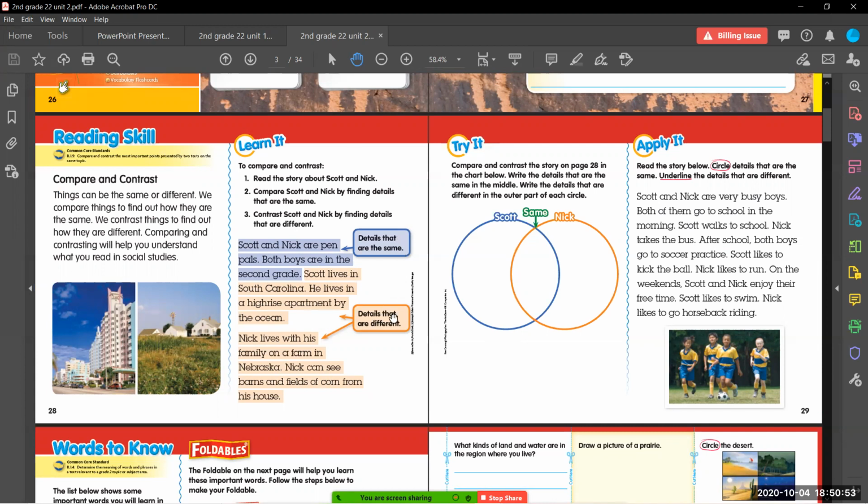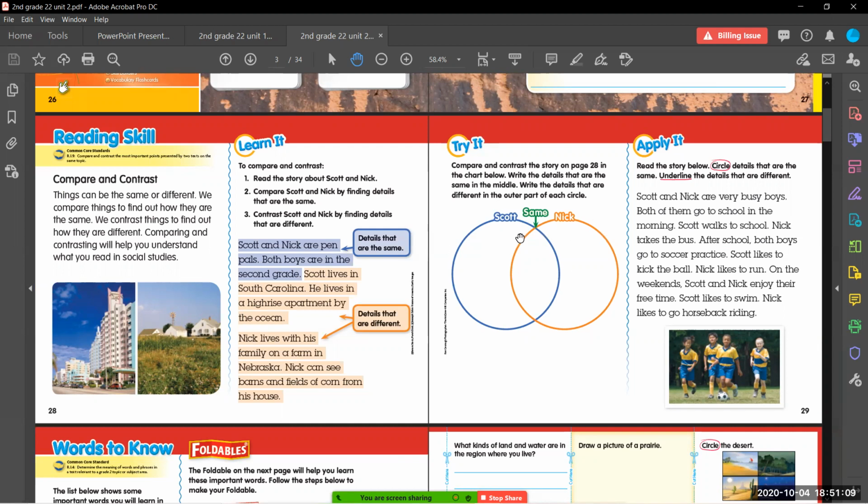Now you can see already over here, they highlighted for you in this blue-purple color, things that are the same. So what we would talk about when we are comparing them. And then the parts that are in orange are the contrasting things, or the things that make them different.